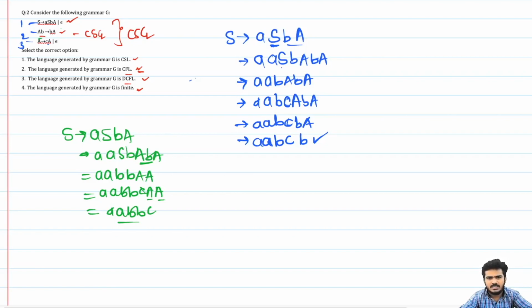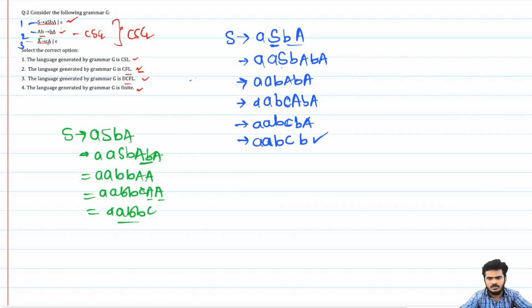For this case, we can design the PDA in such a way that whenever A occurs, we push that A into the stack, and whenever B starts occurring, we pop that particular A from the stack. And whenever C comes, we just ignore that C, or we just read that C and do not perform any operation on the stack.